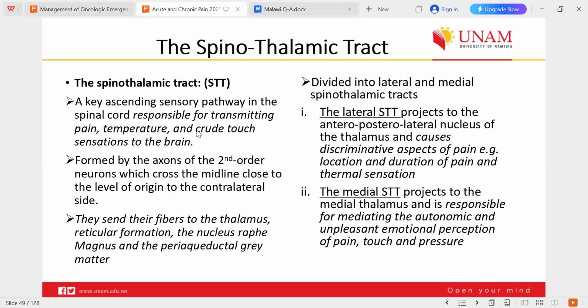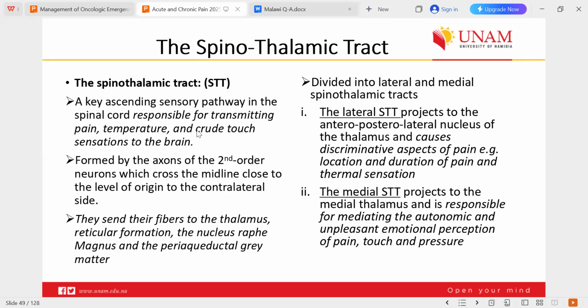The lateral spinothalamic tract projects into the posterolateral nucleus of the thalamus, and this is what is responsible for the discriminative aspects of pain. This is what allows the patient to localize where the pain is, how long the pain lasts, and it's also responsible for thermal sensation.